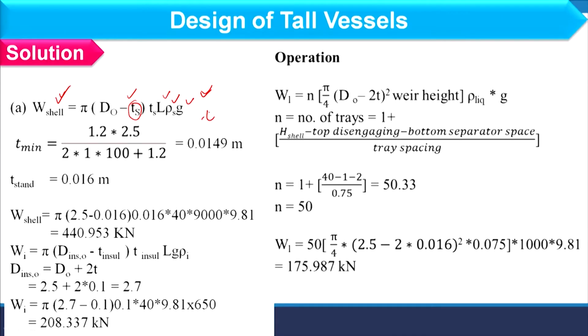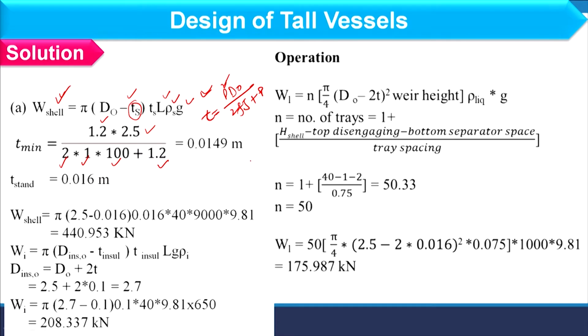So, that thickness expression is P D0 by (2 f J plus P), right. So, this P is basically the design pressure, which is given as 1.2 mega Newton per meter square, and D0 is given as 2.5, divided by 2 f J plus P, right.